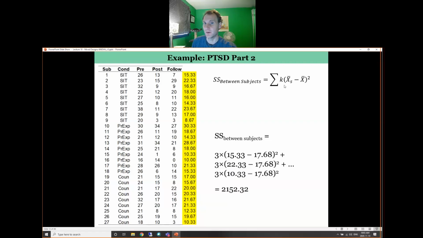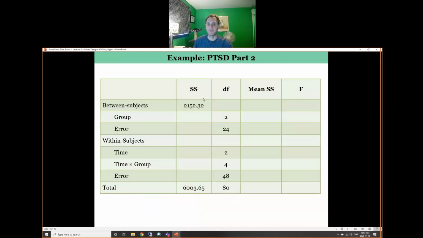And so we have to multiply their deviation by that number of observations. So we get 15.33 minus 17.68 squared times 3. Do that for each person, take the sum, and we get 2,152.32, which we can pop into our source table.